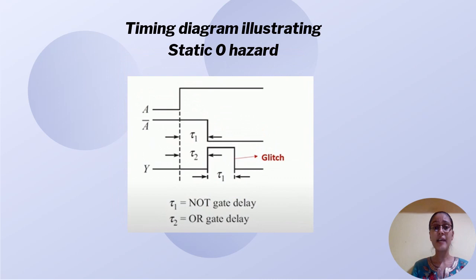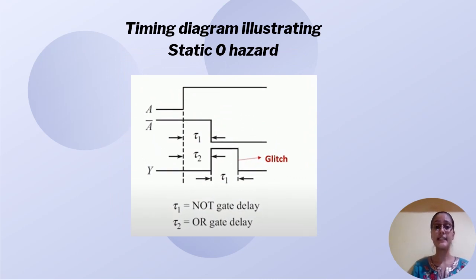This is a timing diagram illustrating the static zero hazard. As I showed in the previous slide, if I give the A input to be 0, A bar will be 1 and the final output will be 0. Now if I change the A input to be 1, A bar doesn't change to 0 immediately. It remains at 1.